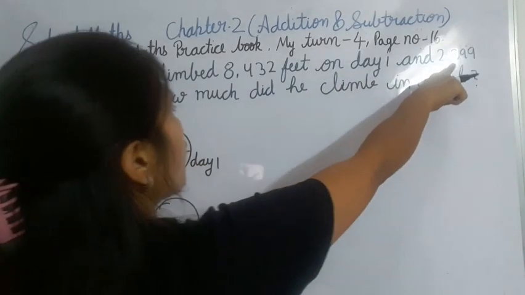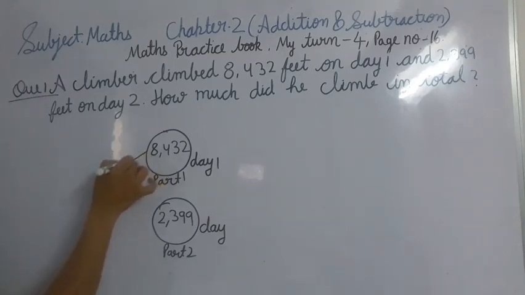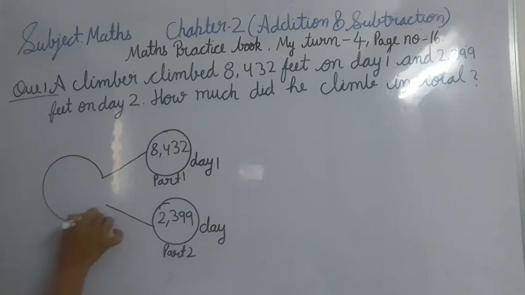And day 2 how much he climbed? 2,399. Now they are asking us total climb. Total means whole. And how do we find out the whole? When we combine these two parts, we can get the whole. So we have to do addition here. This is the whole, meaning total climb.